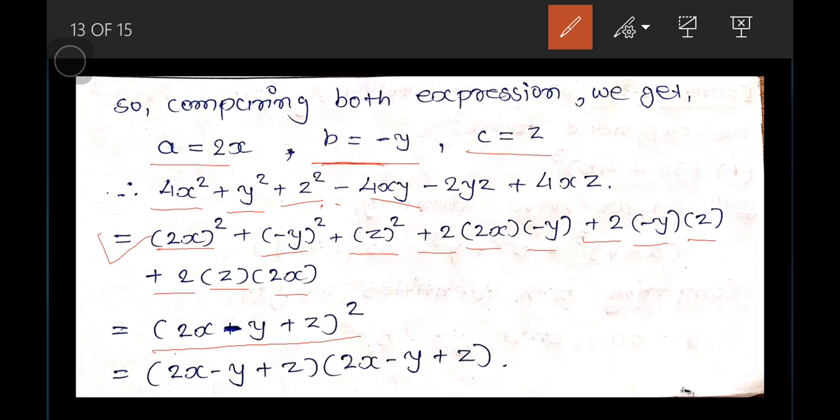Again we can write this bracket as 2x minus y plus z into 2x minus y plus z.